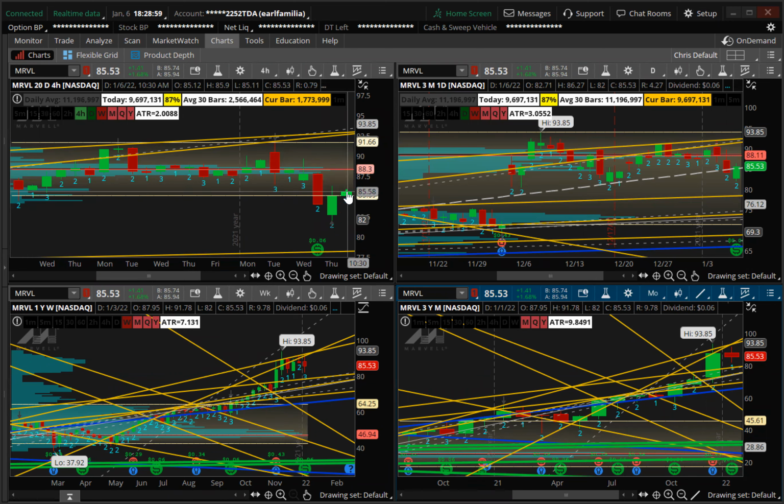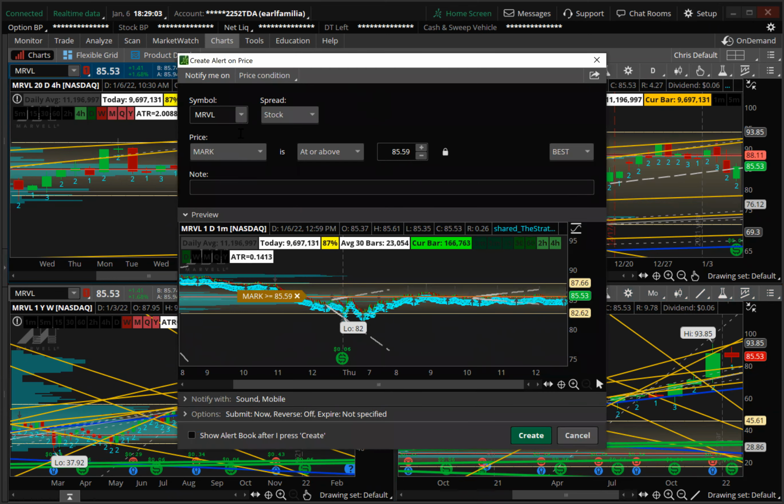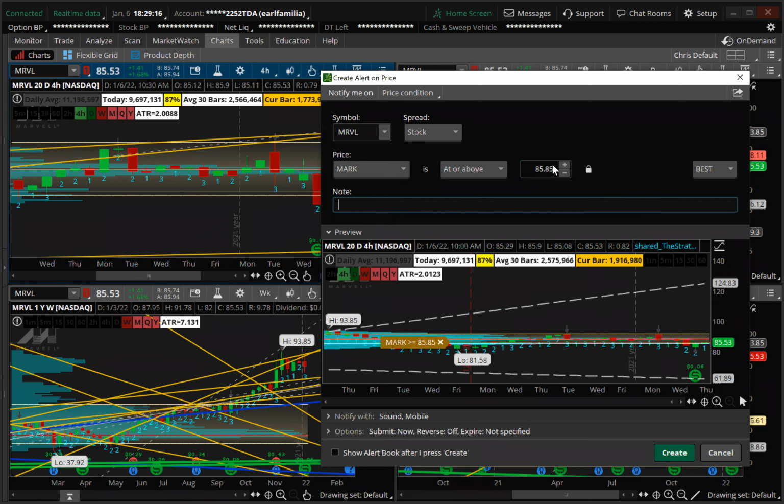I'm gonna set the trigger on it. I like Marvell overall. It's one of the better looking ones we've seen so far. 85.90 is the entry level.